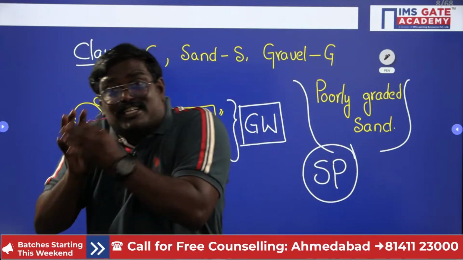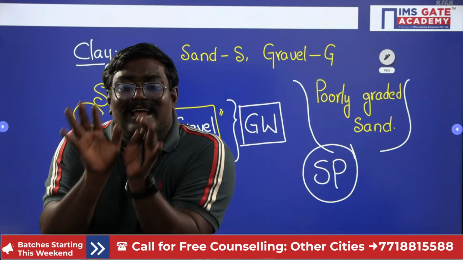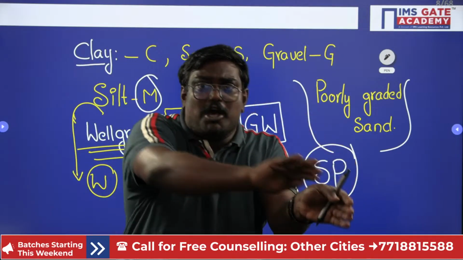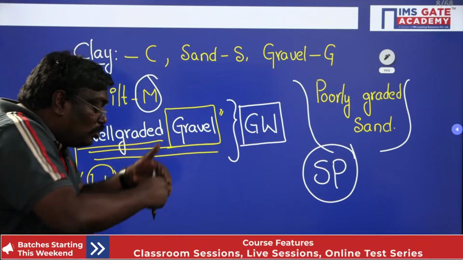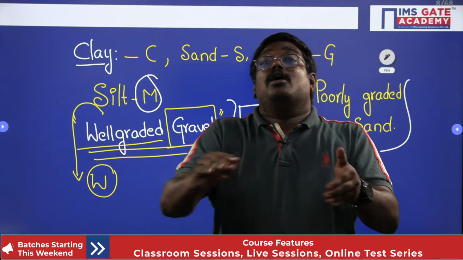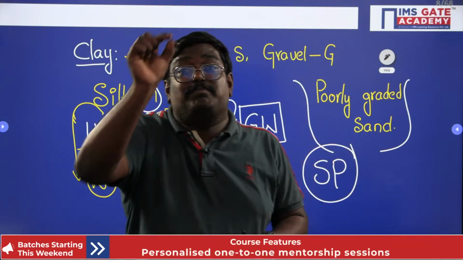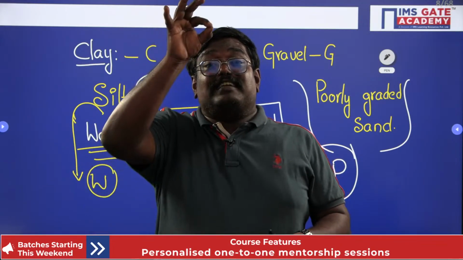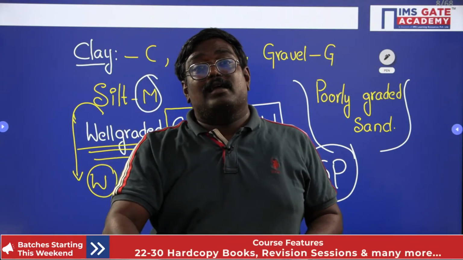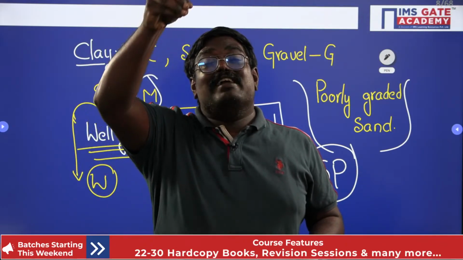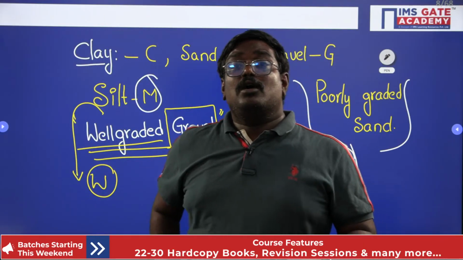When you talk about gravel also, you talk about whether gravel is well-graded or poorly graded. That means, please keep this as a note: if 95% of the soil is of the same type, for example a soil having 95% gravel only, then we talk about well-graded or poorly graded.